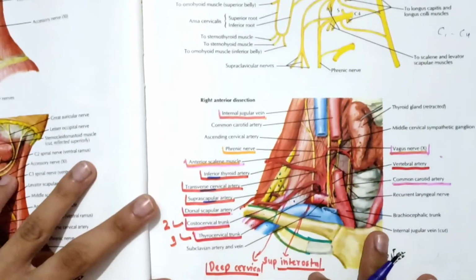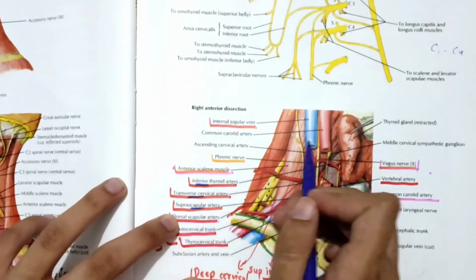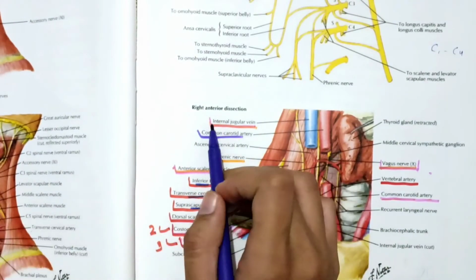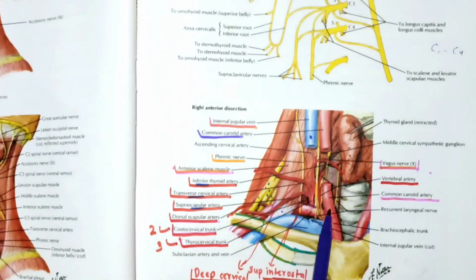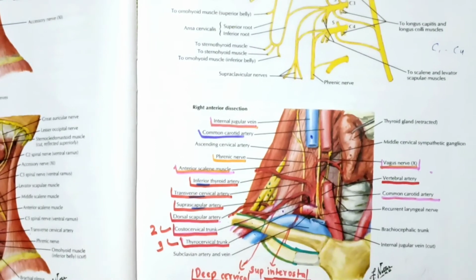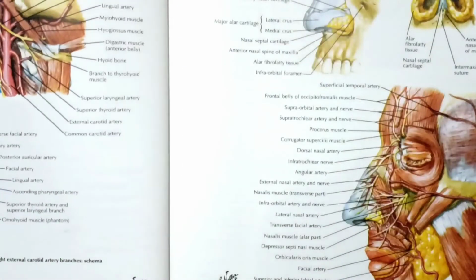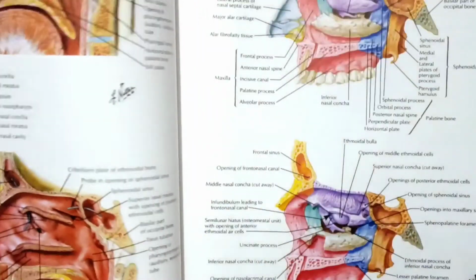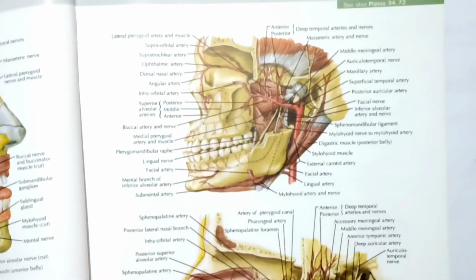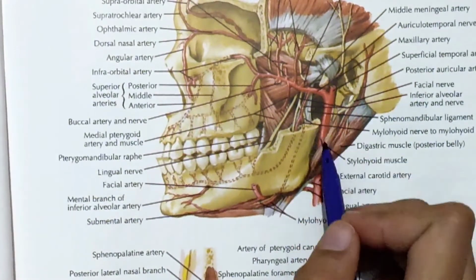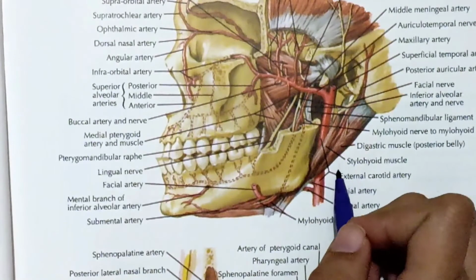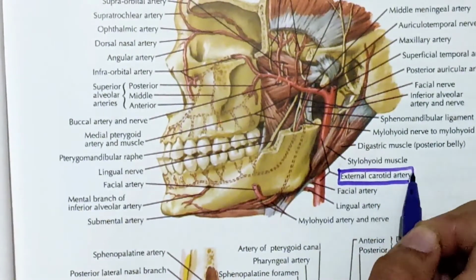Here you can see this is the common carotid, and this is the internal jugular vein. If we go above, you can also see the external carotid. If I zoom out, this red main artery is the external carotid artery.